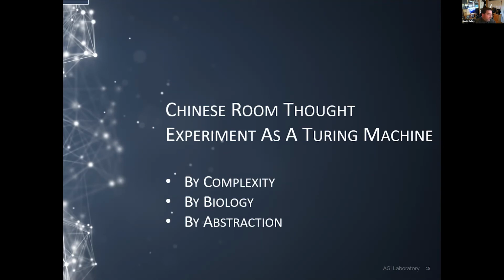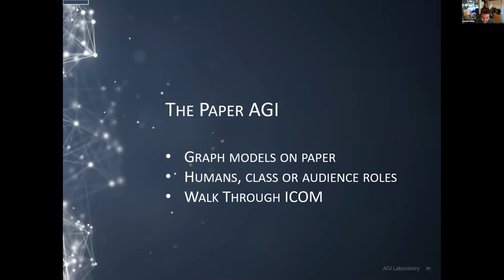Okay, so I will go on to the last section. One of the problems I had, when Mark made me go to BICA back in 2016 for the first time, was that part of how I wanted to explain how this ICOM thing worked was this idea of a paper AGI.